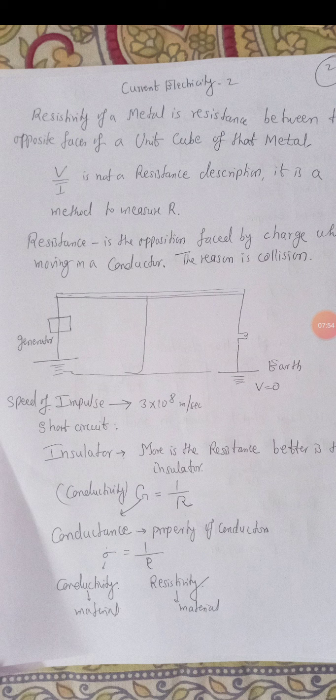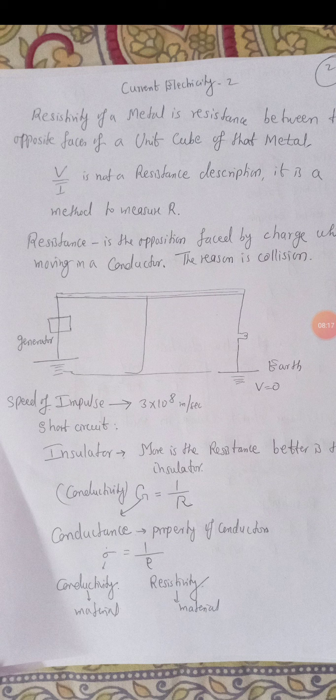Now student, when you say a substance has a higher resistance, we say it is a better insulator. When you say the resistance is very less, we say it is a conductor. We don't say it in terms of property. Now students, see, insulator means what?